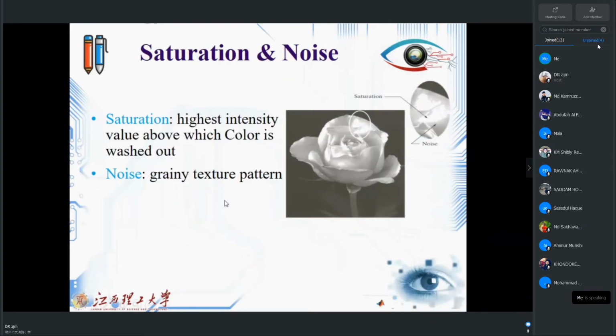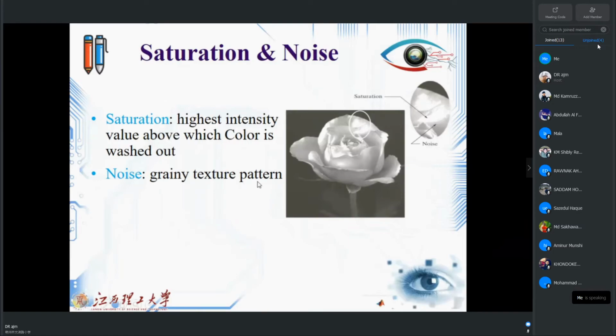One more thing that you should know is about saturation and noise. We call saturation the highest intensity value above which colors are washed out, and we know noise as a grainy texture pattern.